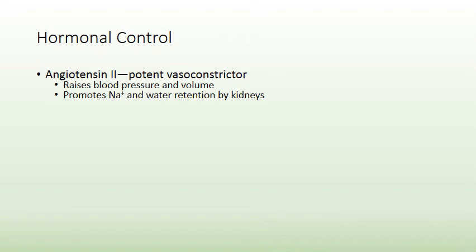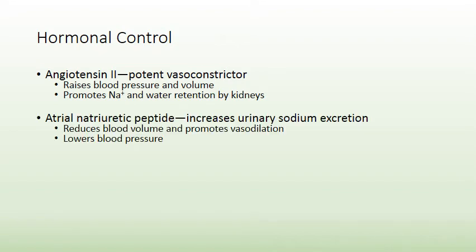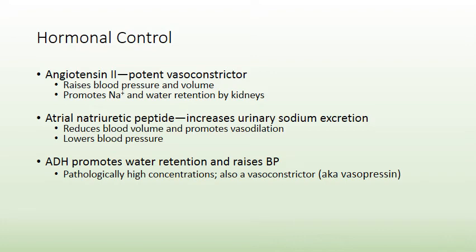We have atrial natriuretic peptides, which are secreted by the heart. They reduce blood volume and promote vasodilation. If they're reducing blood volume and promoting vasodilation, that's going to result in a reduced blood pressure. We have ADH, which is going to result in water being retained.